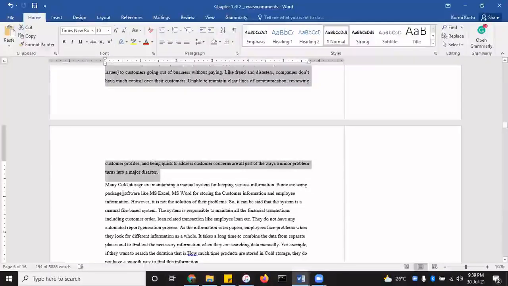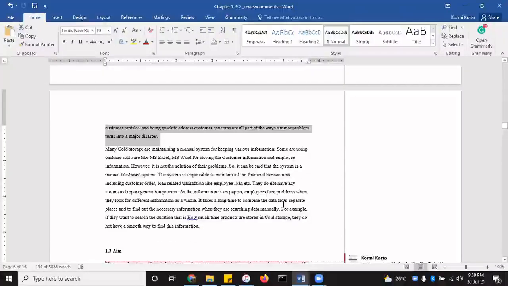Some are using package software like MS Excel and Word for storing customers' information and employees' information. However, it's not the solution to their problems. So it can be said that the system is a manual-like based system.